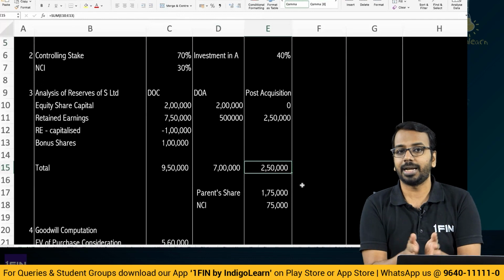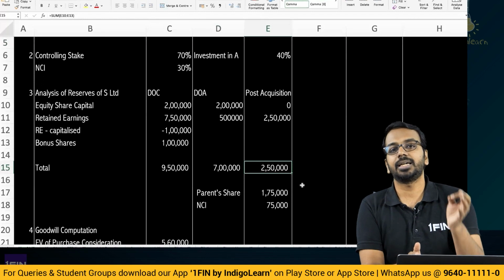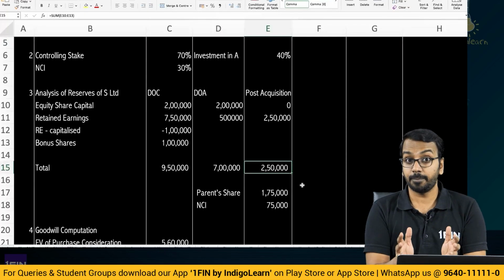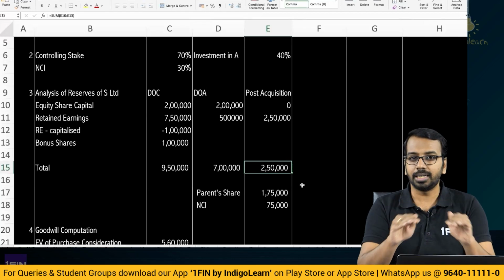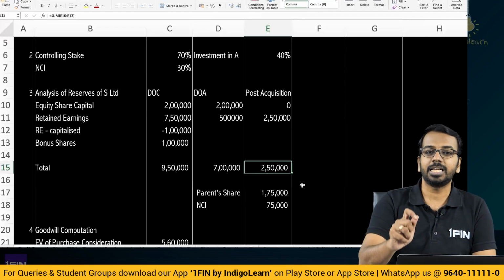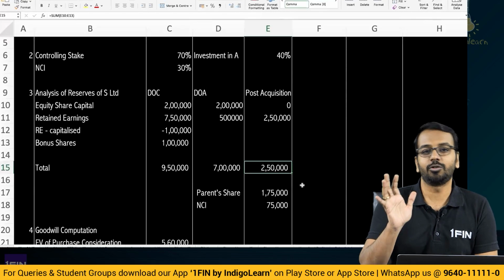Whatever profit is made, that is 2,50,000, and from that 2,50,000 dividend has been paid. Paid to whom? When the subsidiary pays dividend to the parent, that is an intra-group transaction, which we will eliminate. We will not consider it as if dividend has been paid. We are only bothered about the dividend that has been paid to the non-controlling interest.